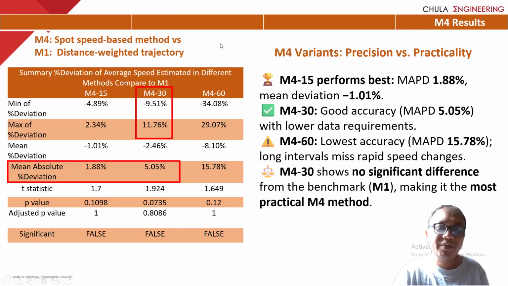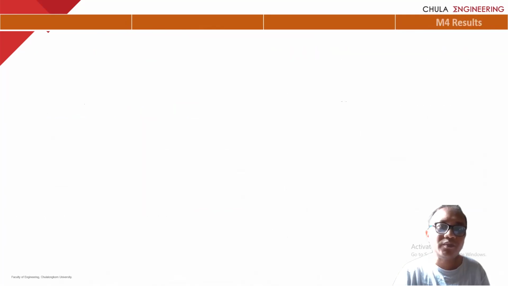It takes almost half the amount of sampling effort. So it is obviously less time and effort consuming, more efficient compared to M4-15. So M4-30 we can consider here also.